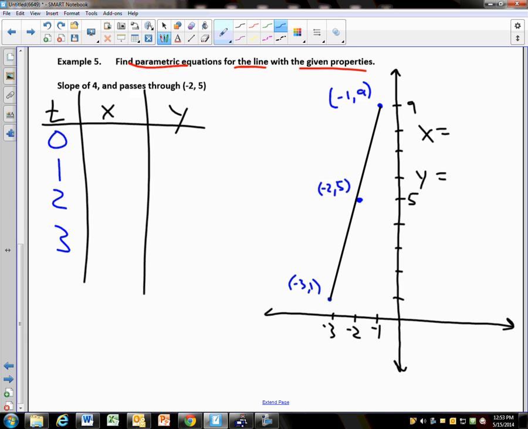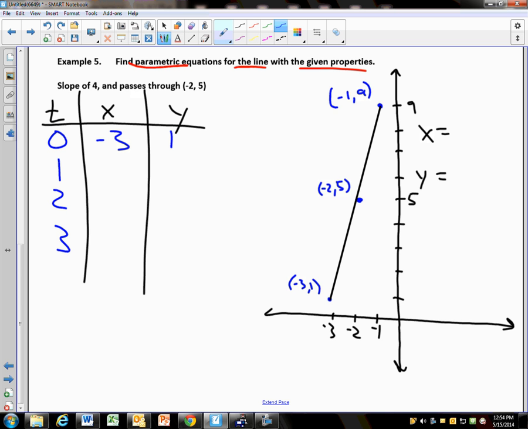So, when time is 0, we chose. This is how your answers will be different. If you so choose to start here, your answer will be different. I'm going to start here. X value of -3, Y value of 1.